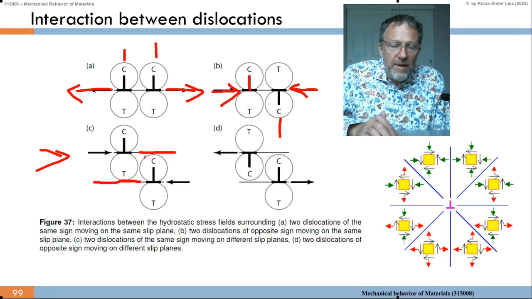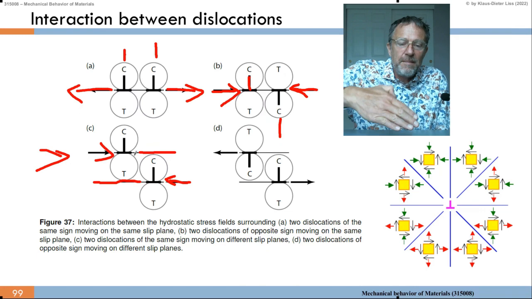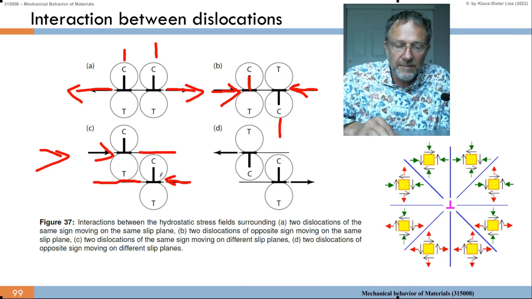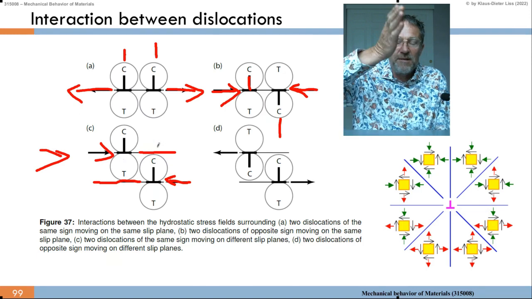Then, of course, if I overlap this compressive stress field with this tensile stress field, I minimize the stress field. So they move in this direction and in this direction. Let's say they can only move on the slip plane. They cannot climb up and down. And then I minimize. So they move together on the vertical line.